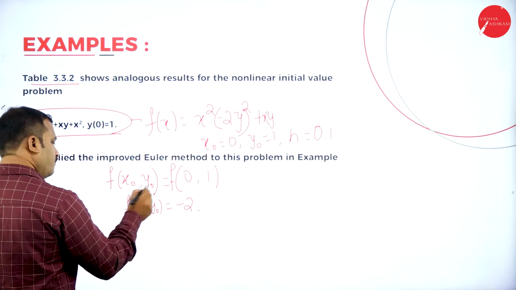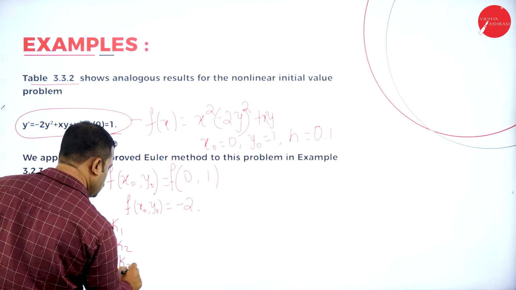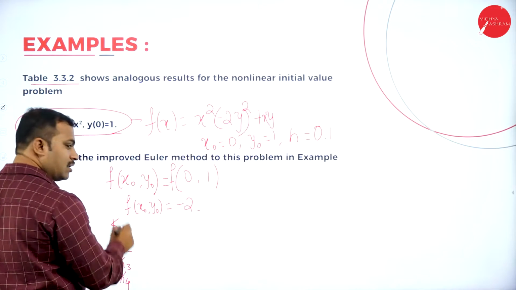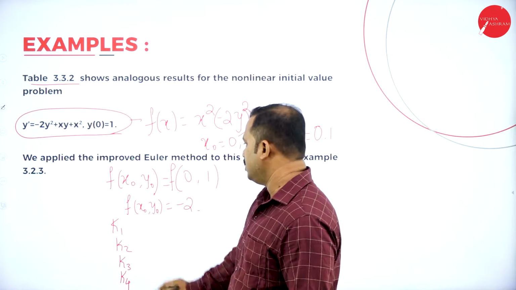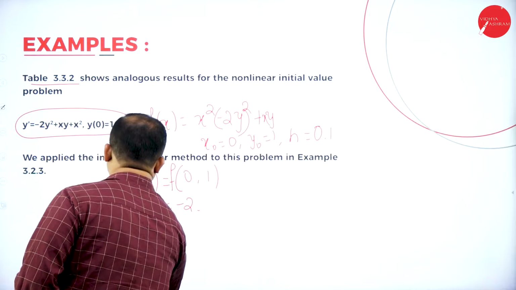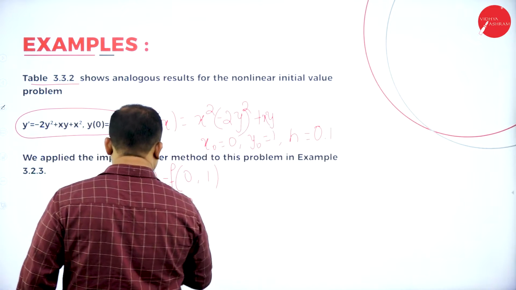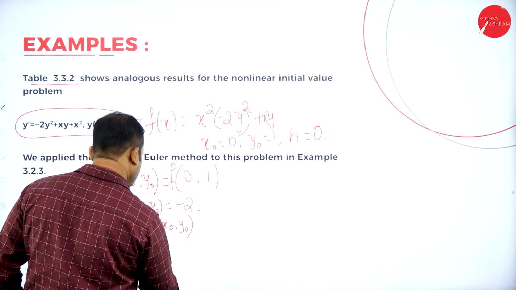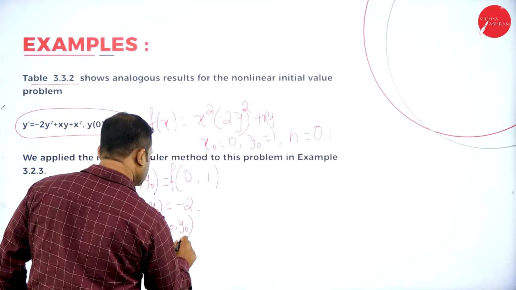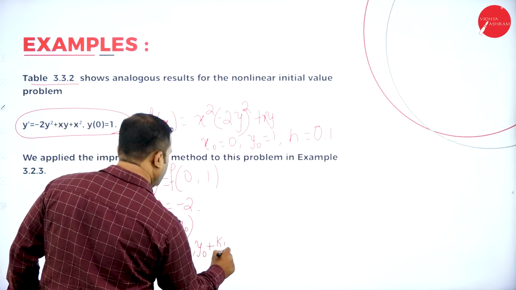Then we have the terms called k1, k2, k3, k4 with respect to the Runge-Kutta fourth order method. How can we find out the value of k1? k1 is equal to h into f of x0 comma y0. Then k2 is equal to h into f of x0 plus h by 2 comma y0 plus k1 by 2.